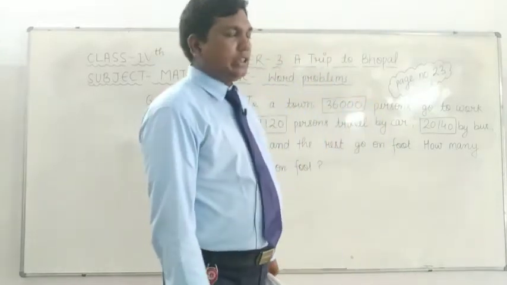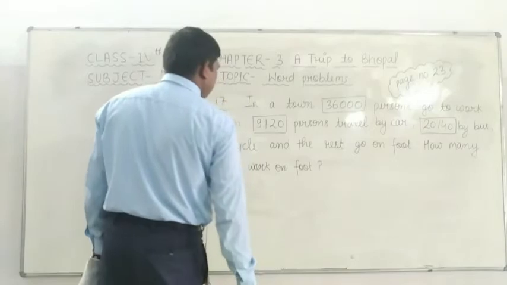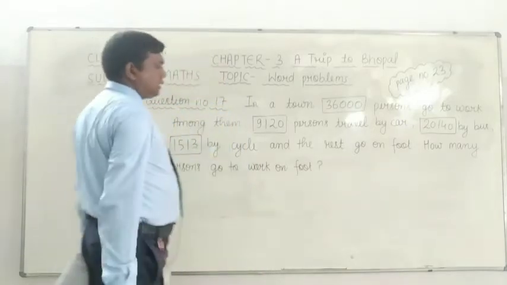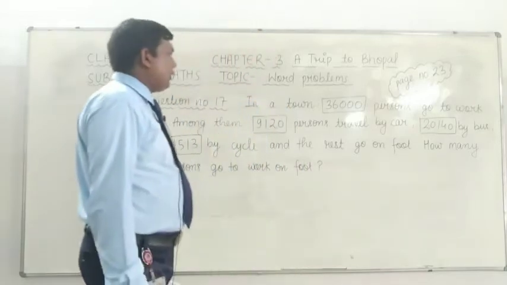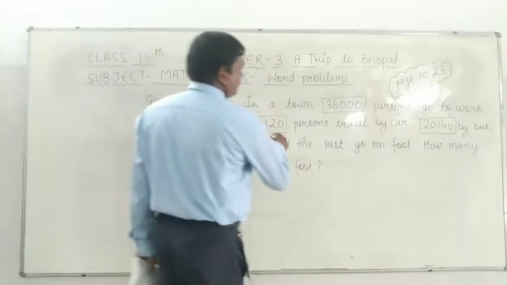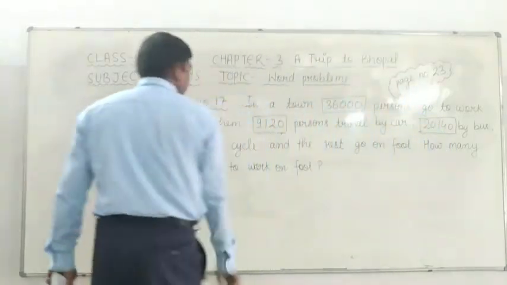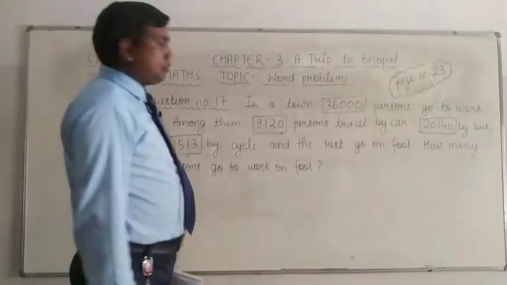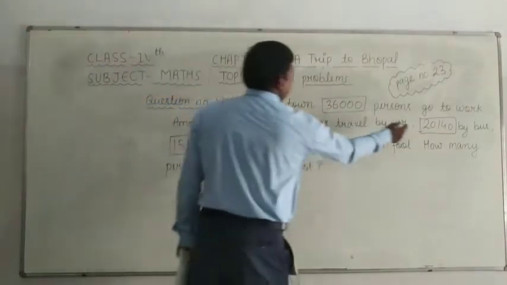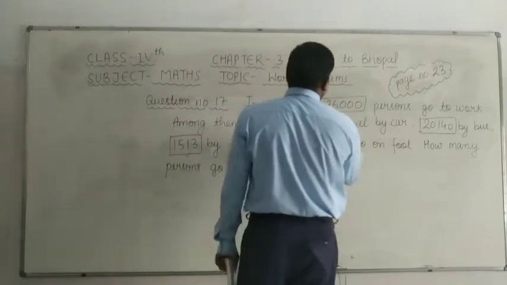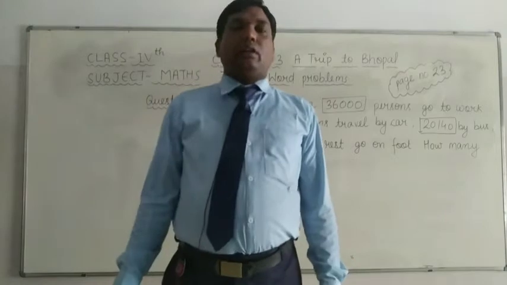We have to find the total number of persons who go to work on foot. If we add these and then subtract the sum from 36,000, we get the answer of this question.